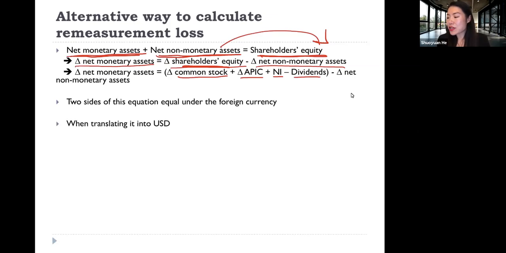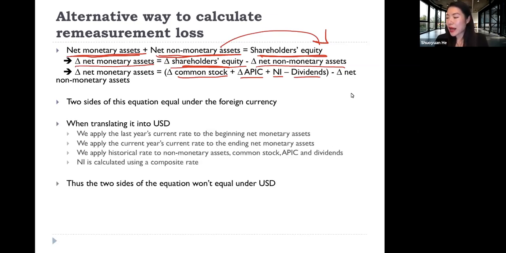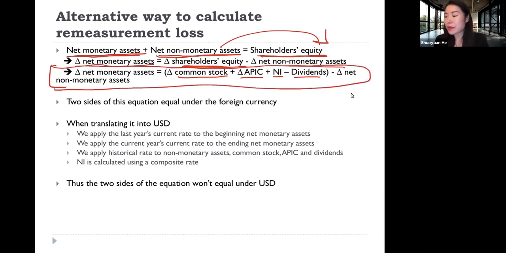And the same logic here is, when the subsidiary is making its financial statement, the left and the right-hand side of this equation should balance under the local currency of the subsidiary. However, when we remeasure it into the parent firm's reporting currency, we are applying different rates to different components of this equation.